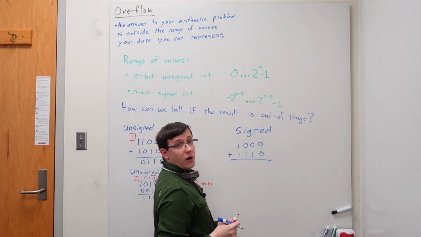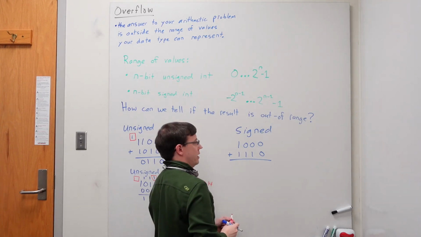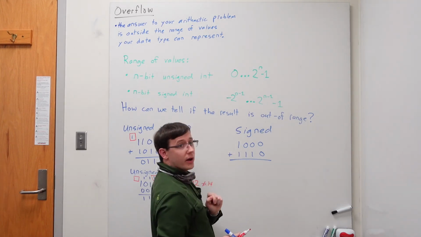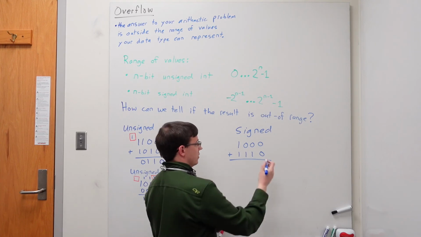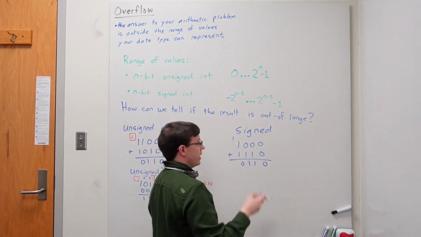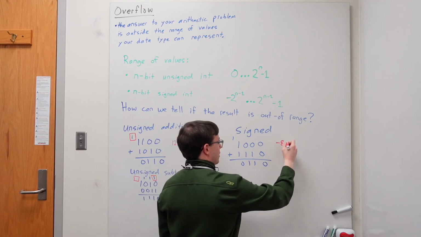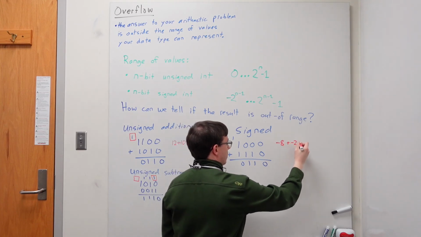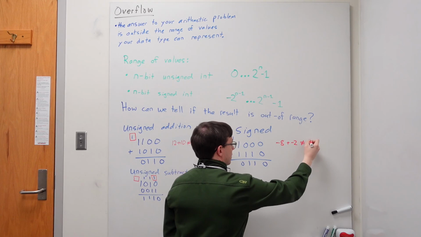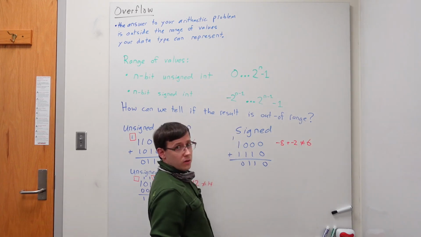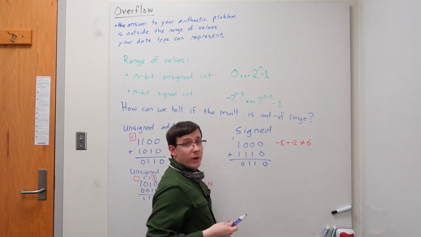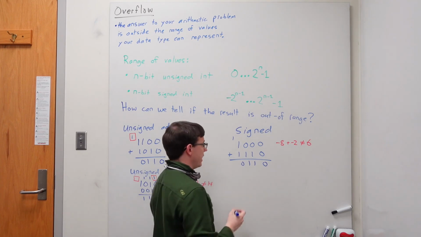One thing that can go wrong with signed arithmetic is that we can add two negative numbers and end up with a positive result. So here we added minus 8 plus minus 2, and we got positive 6, clearly a wrong answer. Or we could add two positive numbers and get a negative.